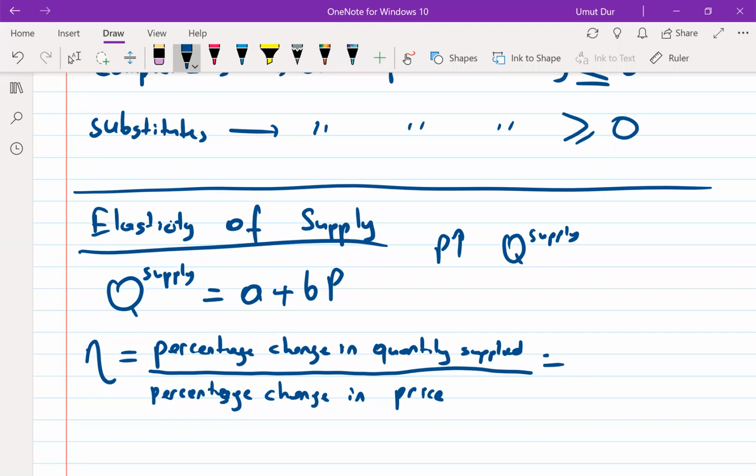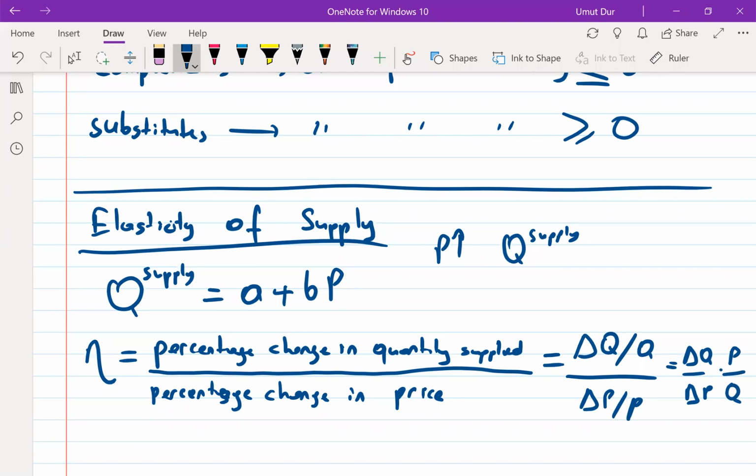If we rewrite the equation here, it will be delta Q over Q divided by delta P over P, which is delta Q over delta P times P over Q. Of course, here the Q is Q supply.